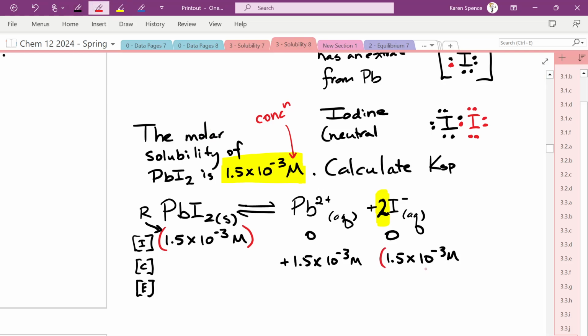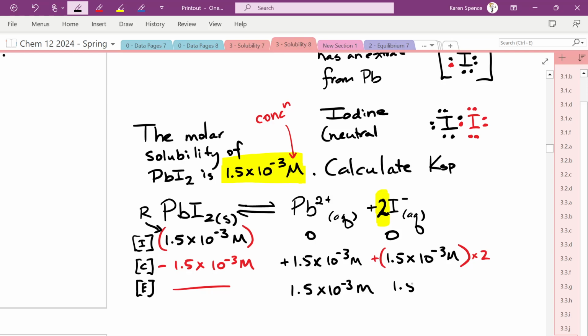Times 2. And this is minus 1.5 times 10 to the minus 3 molar, which ends up being nothing anyway because we never had any dissolved to start with. So what do we end up with? We end up with 1.5 times 10 to the minus 3 molar and, sorry, 3.0 times 10 to the negative 3 molar, because I forgot to multiply by 2.